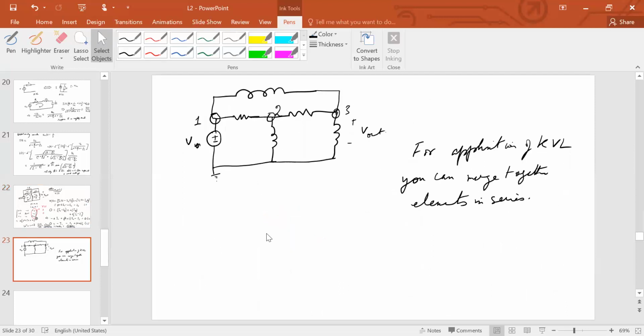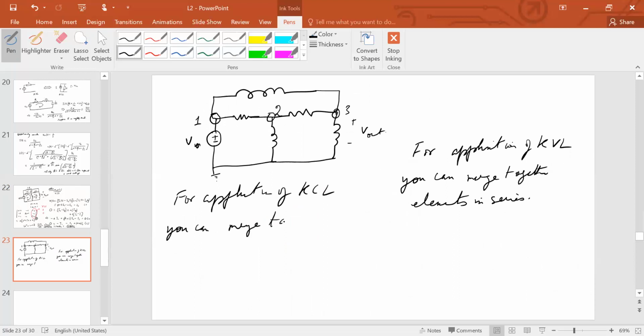In the same manner, when you are considering application of KCL, you can merge together elements in parallel. Okay, why so?